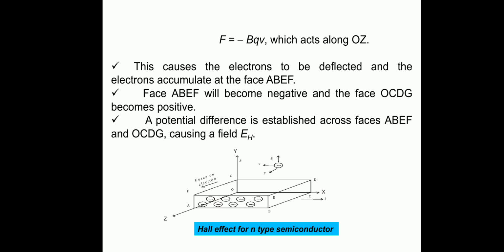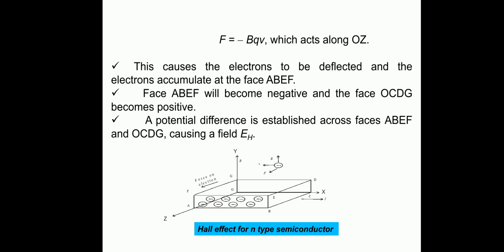So the face ABEF, due to this electron accumulation, becomes negative, and the face OCDG becomes opposite. That means a positive charge is induced on the other side, OCDG. So ABEF has a negative charge and OCDG has a positive charge. One side is negative and another side is positive.